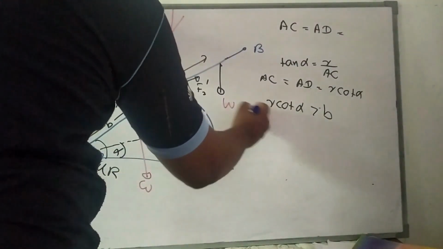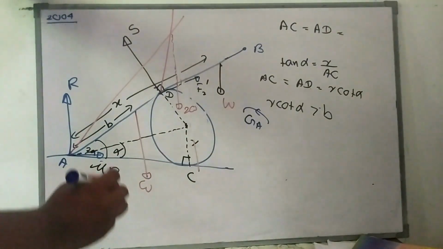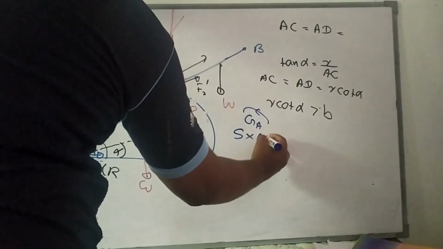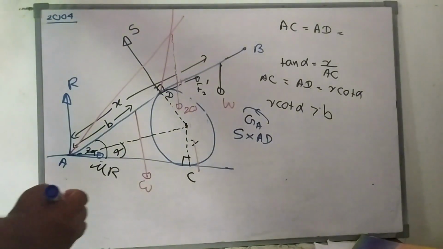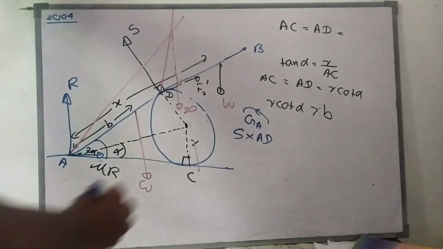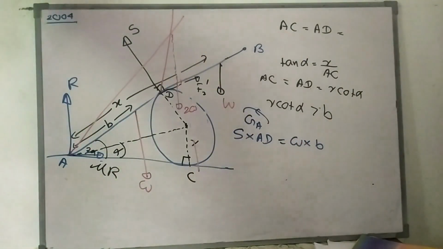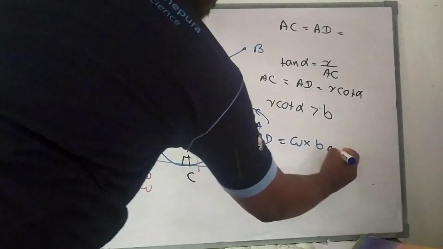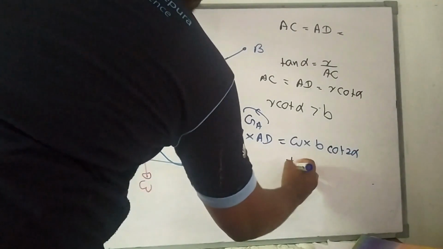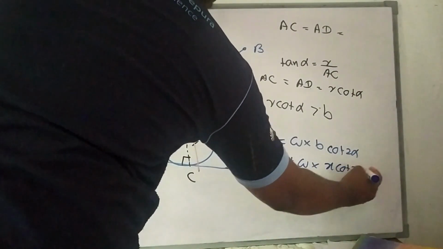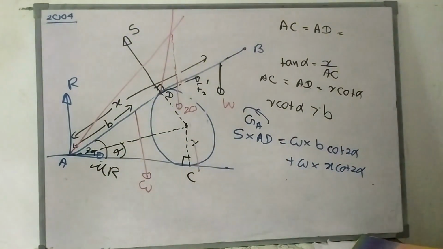Right, now I'm taking moment around A. S into AD equals W into b. Sorry, it's not cot 2 alpha, it's cos 2 alpha. W x cos 2 alpha.